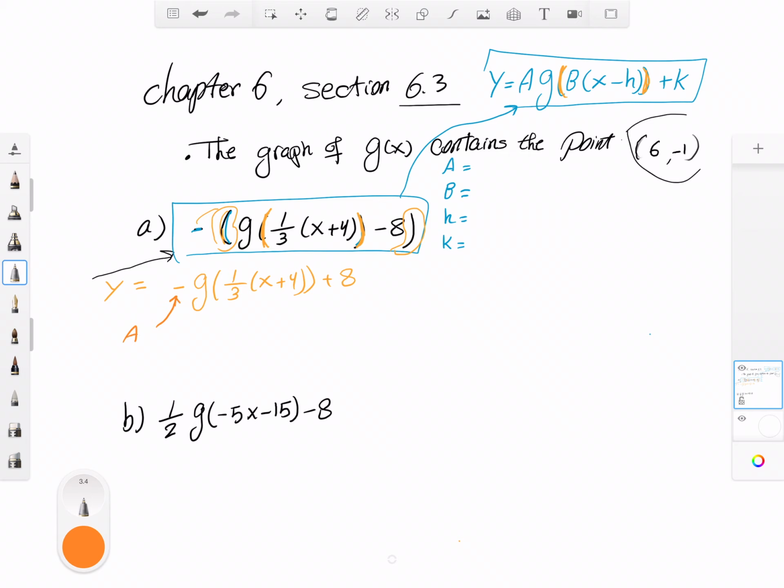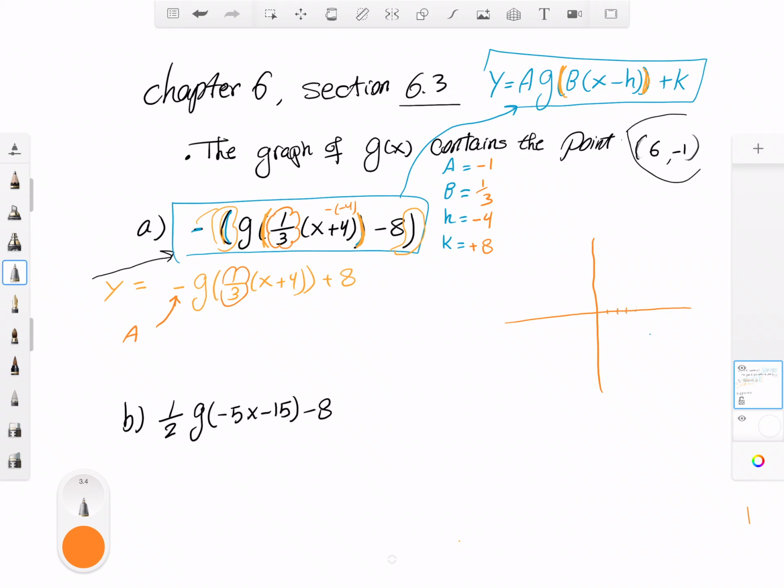In this example, A is -1, B is 1/3, H is -4, here our formula has minus h, so H is negative, and K is positive 8.